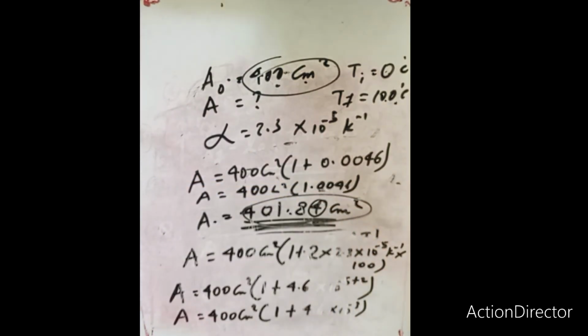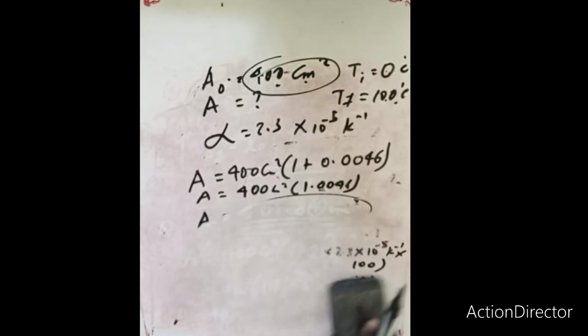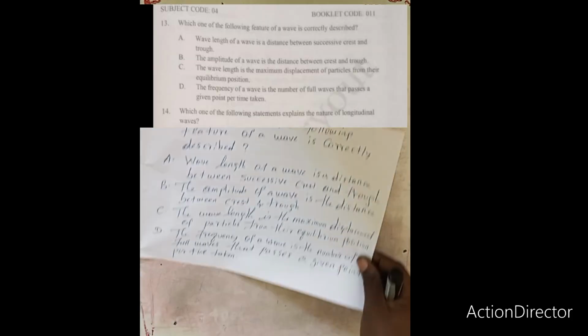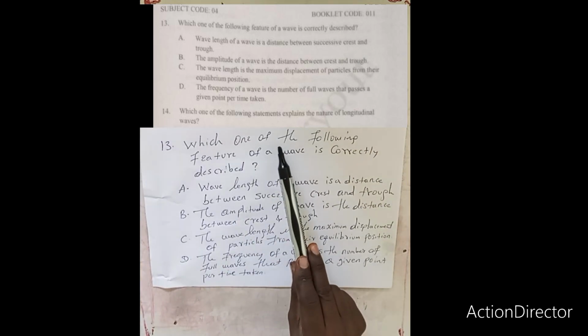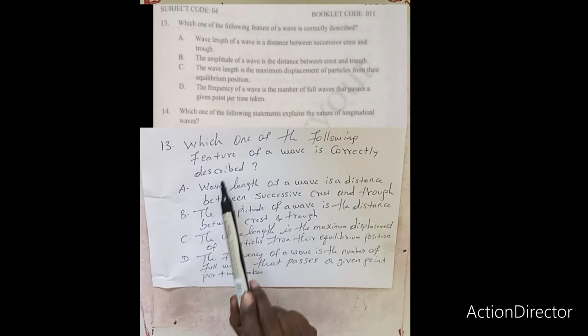Okay, let's go to question number 13. It says: which one of the following features of a wave is correctly described?